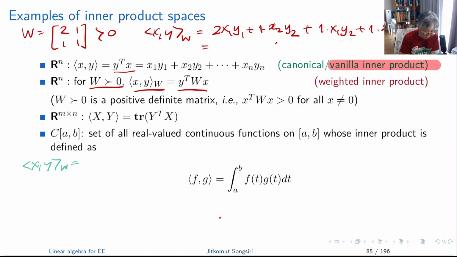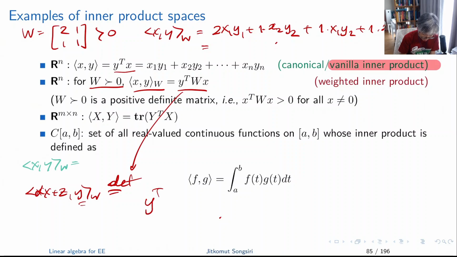Okay, if I take alpha x plus z with y, by the definition that I just introduced, it's the second argument W and the first argument alpha x plus z.